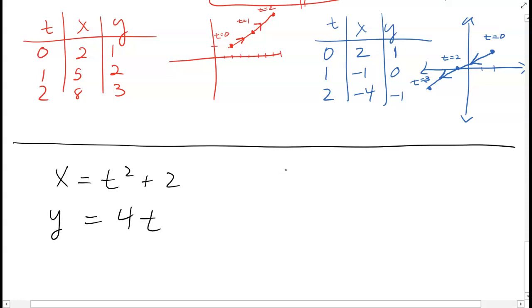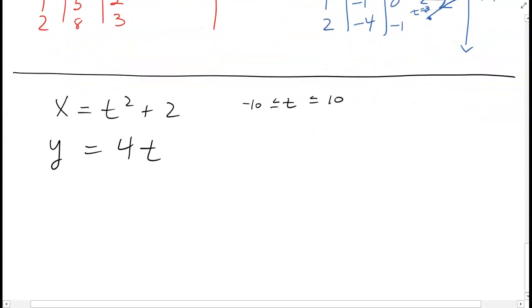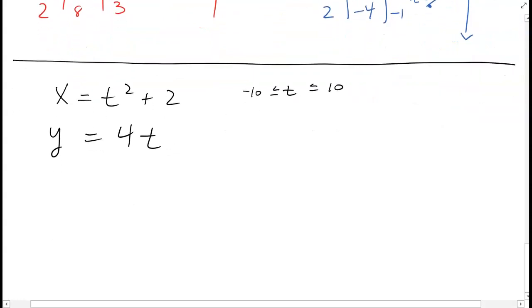Okay, and let's take t between -10 and 10. All right, so first thing I want you to do is let's just sketch it and see what this looks like, okay? Let's make a sketch.